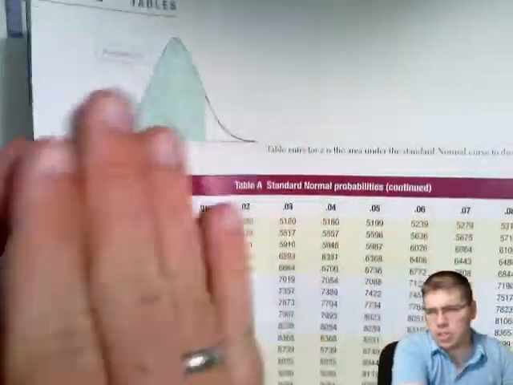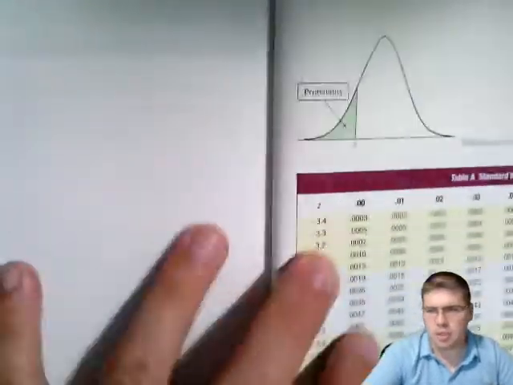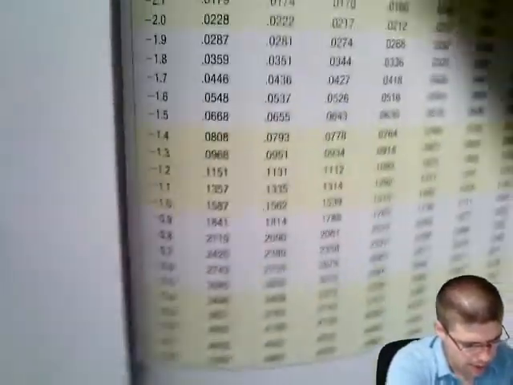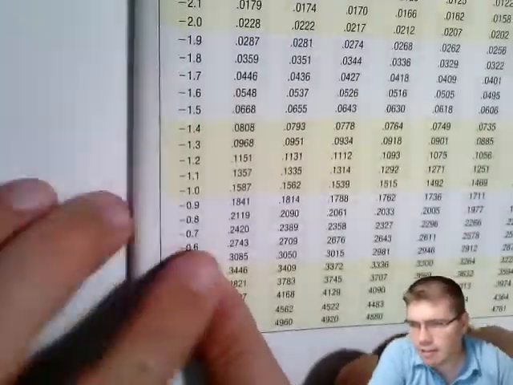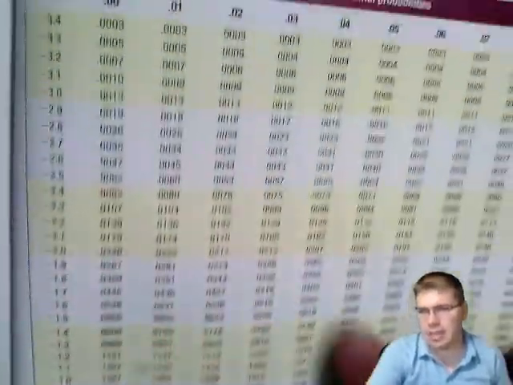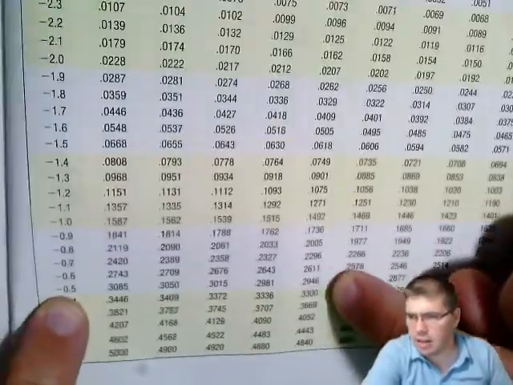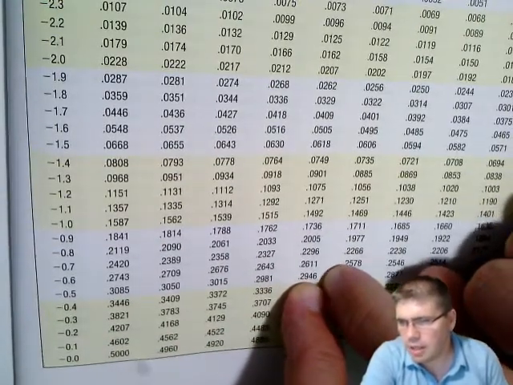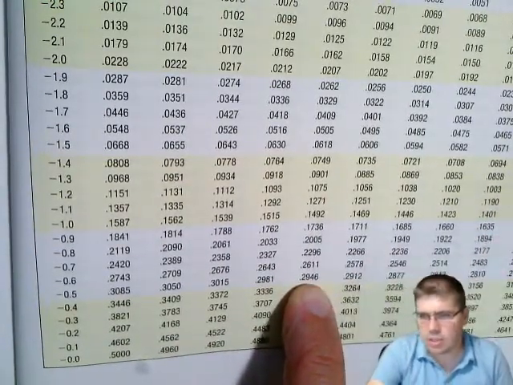You'll notice that this table always just does the area below, the area less than a particular value. So we want negative 0.54, so we're looking down here at negative 0.5. Again, the little table they showed you in the PowerPoint is not nearly as big as this actually is. Then I look at this 4 column and track this down, negative 0.5, and this is my 4 column, and we see that 0.2946, right?